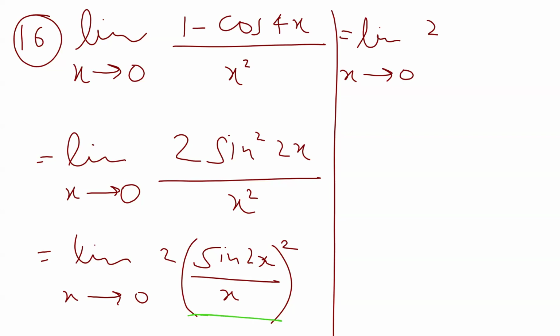Yes, guys, what to do over here within the bracket? Can someone guide me? So multiply and divide by 2 within the brackets. Perfect. So sine 2x, this is also 2x and this is 2. And square outside, obviously.